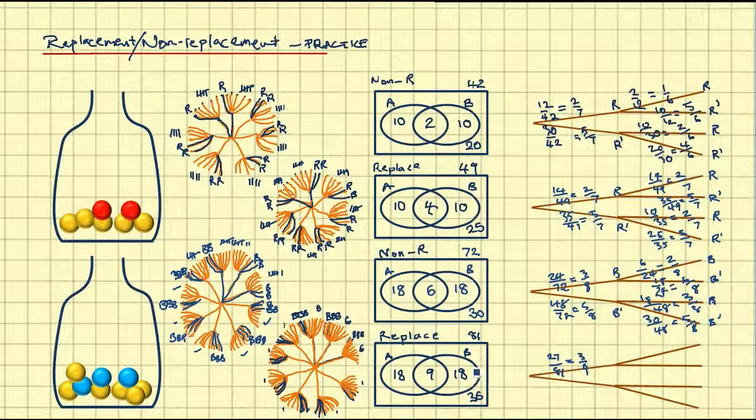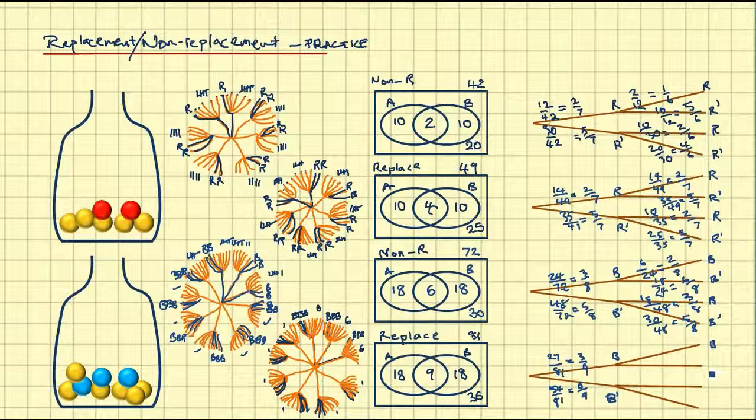Okay, so now I've got to think about what if I don't get a blue? Well, that's going to be 18 plus 36, so that's 54. 54 out of 81, divide by 9, gives me 6/9, which is the complement of our 3/9 here.